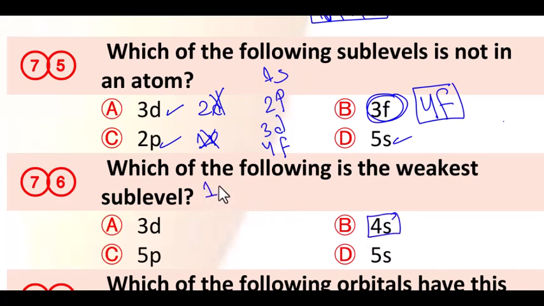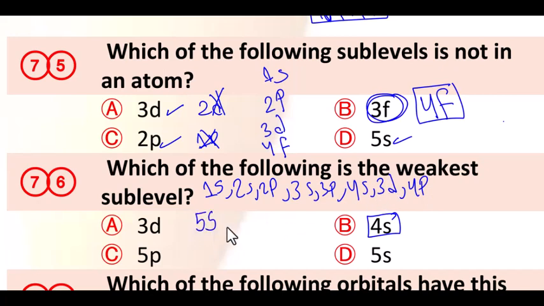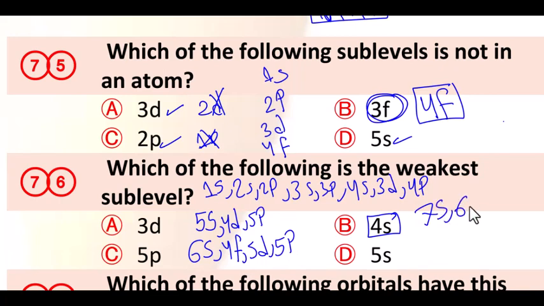The order of the levels: 1s, 2s, 2p, 3s, 3p, 4s, 3d, 4p, then 5s, 4d, 5p, then 6s, 4f, f starts from here, 5d, 6p, 7s, 5f, 6d, 7p.